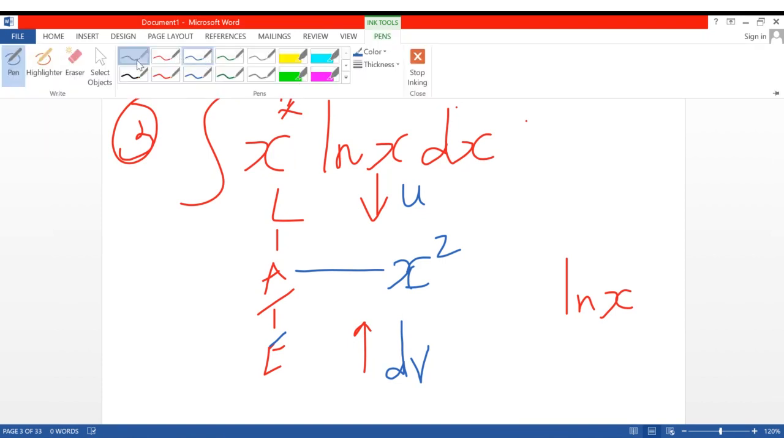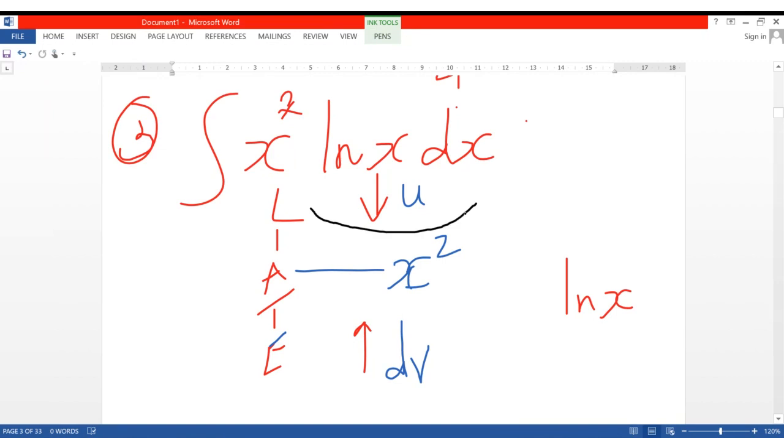Remember in basic maths we had done that ln is a special form of log to base e.